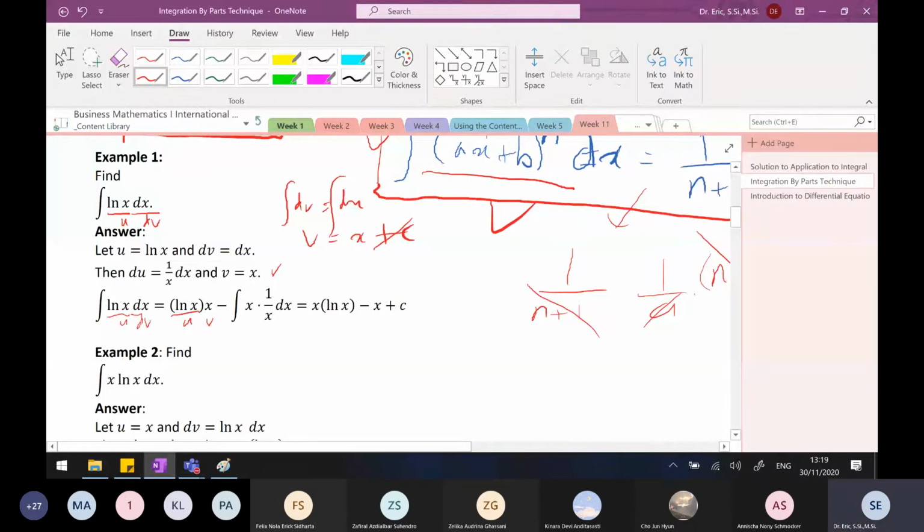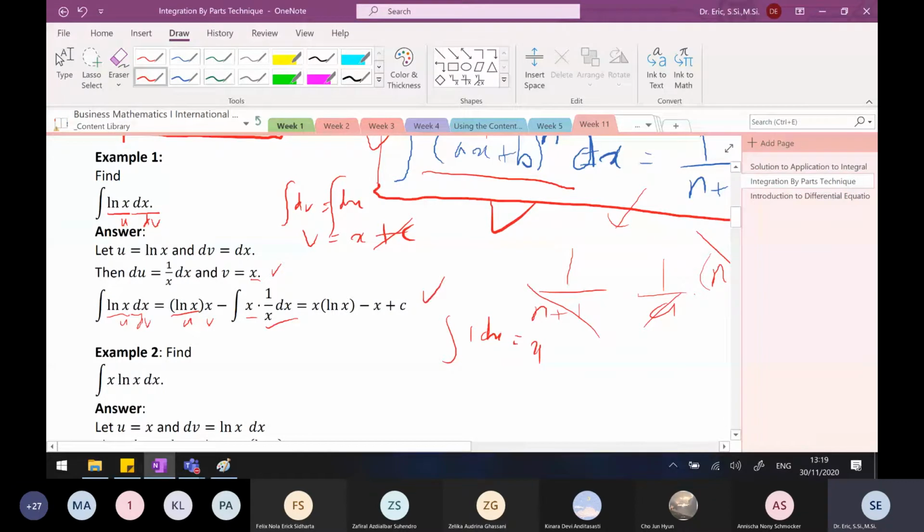So u times v minus integral of v du. And x times 1 over x cancels out. So you have x ln x minus integral 1 dx. Integral 1 dx is just x. So you have minus x plus a constant.